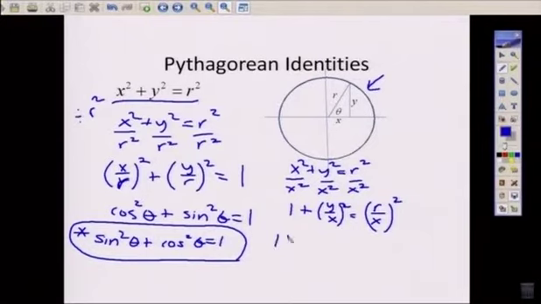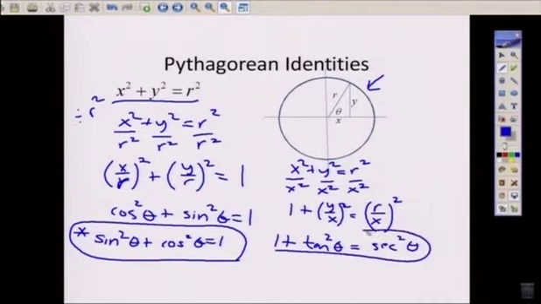And that gives us the Pythagorean identity: y over x is tangent theta, so 1 plus tangent squared theta is equal to r over x squared, which is secant squared theta. So there is another Pythagorean identity.